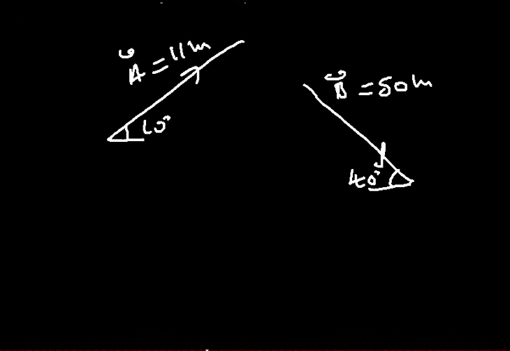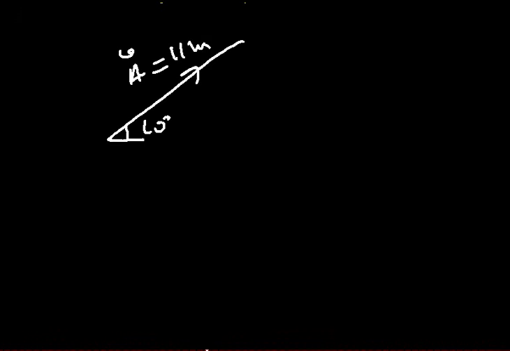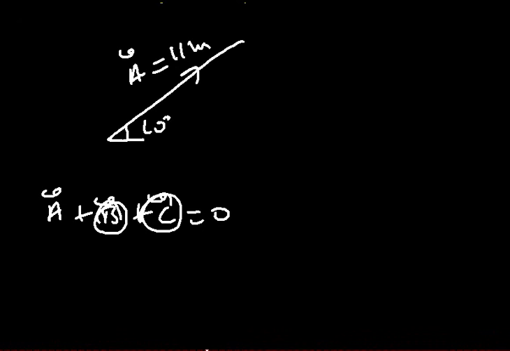Assuming that we don't know about the vector C, now if vector A plus vector B plus vector C is equal to 0, what is the magnitude and the direction of the vector B, and what is the magnitude and the direction of the vector C?